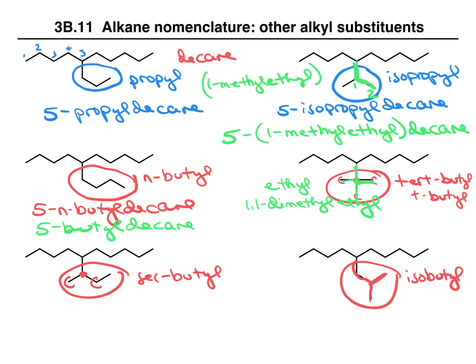So the whole compound would be 5-(1,1-dimethyl ethyl) decane. So this says we have a 10 carbon alkane. At position 5, we have a branch that is 2 carbons, and at the first carbon off the main chain, we have a methyl group and another methyl group. The good news is that's a lot of information in that name. The bad news is that's really tedious.